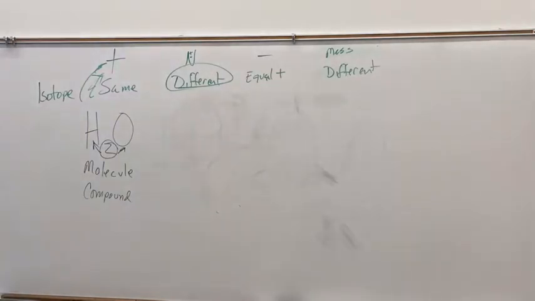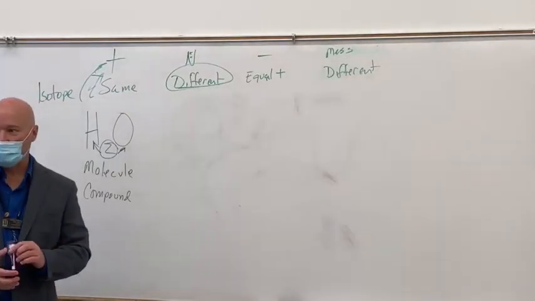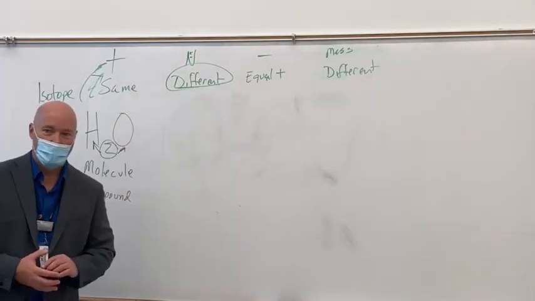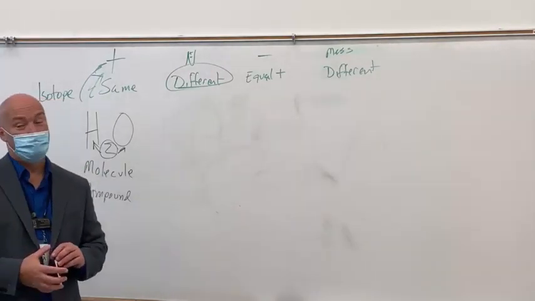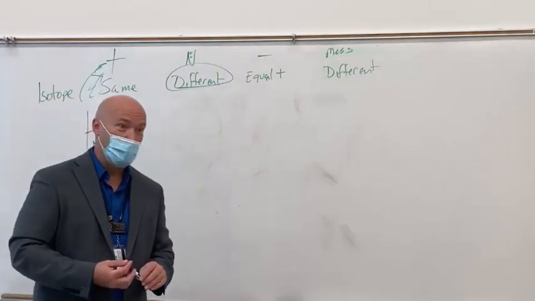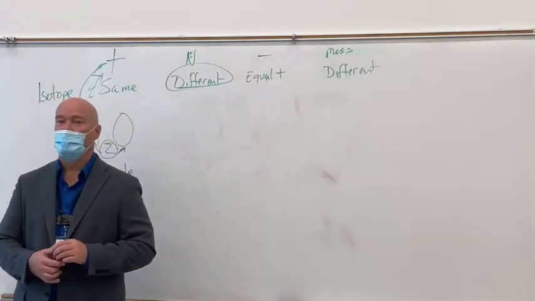Now looking back at your elemental table, what is the atomic number of hydrogen? 1. So if you add 7 more electrons to hydrogen, what do you have? Are you ever going to add 7 more electrons to hydrogen? No. Why?